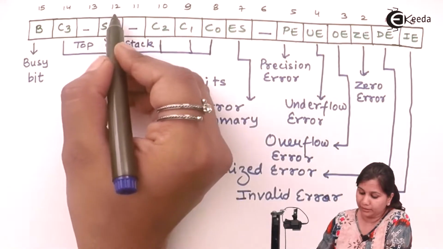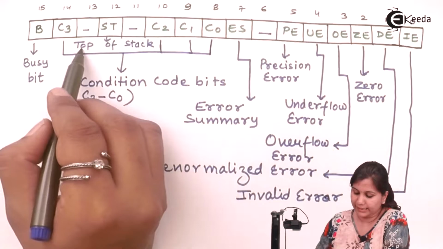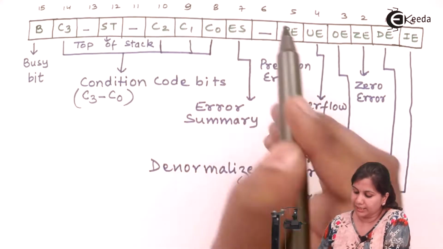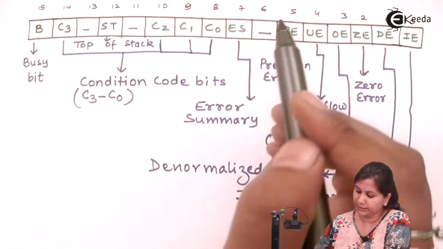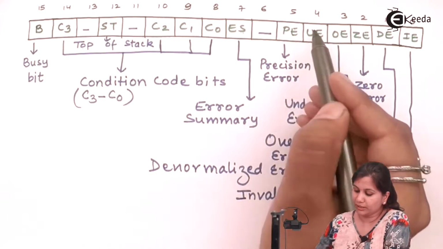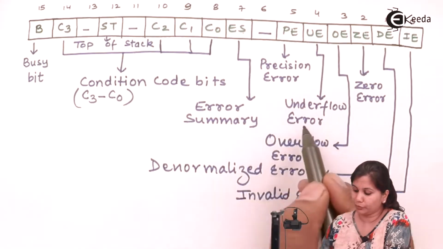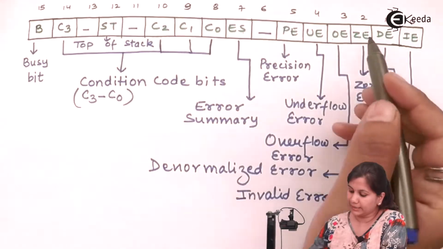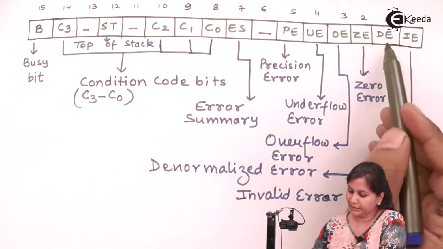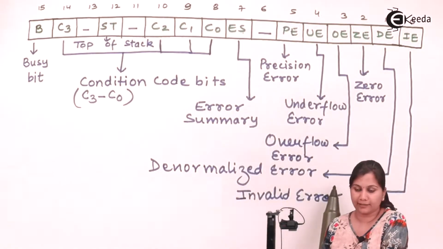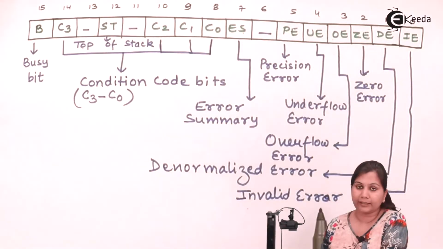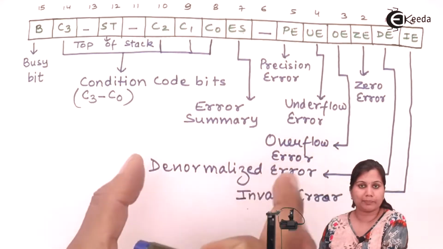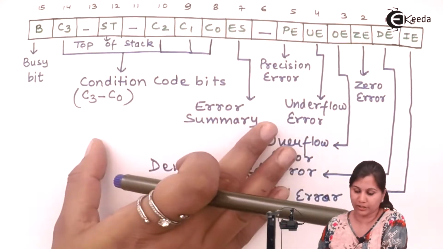Bit number 12 is ST, that is top of stack. Then we have ES, which is the error summary. Then PE for precision error, UE for underflow error, OE for overflow error, ZE for zero error, DE for denormalized error, and IE for invalid error. So this is how the 16 bits of the status register are specified.